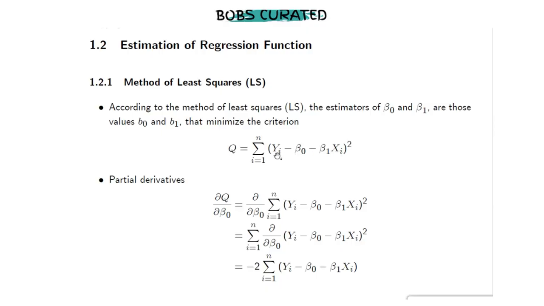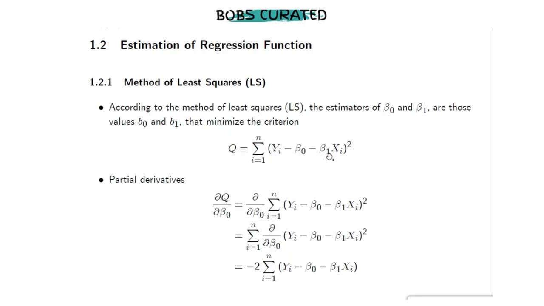We would like to see for which values of beta 0 and beta 1 those distances are going to be minimized. To make sure that they don't cancel each other out, we are going to work with the sum of the squared deviations, and now we can start off by determining where we are going to minimize the quadratic function Q for which values of beta 0 as well as beta 1.